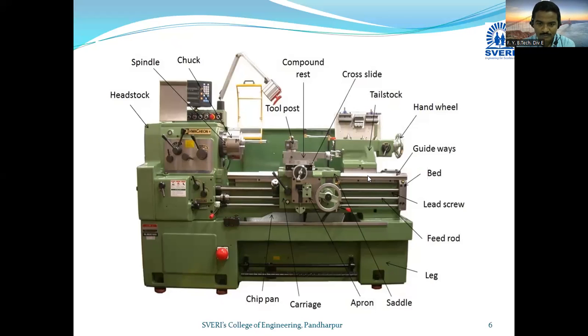So the basic function of this carriage is to hold the cutting tool, because the tool post is mounted on the carriage, and whatever tool is there, we can hold it. Again, we can have the cross feed or longitudinal feed, which is possible by using this carriage mechanism.